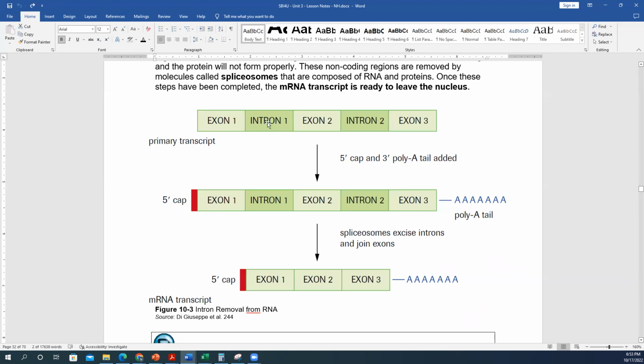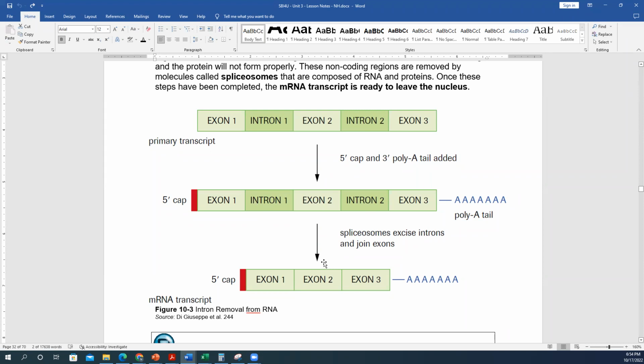Essentially these pieces of introns need to be spliced out, and these exons need to be rejoined to give the final message. Now, originally, these introns were thought to be junk DNA. They were not thought to have any sort of function, but we know now that there are actually specific functions in the intron sequences as well.